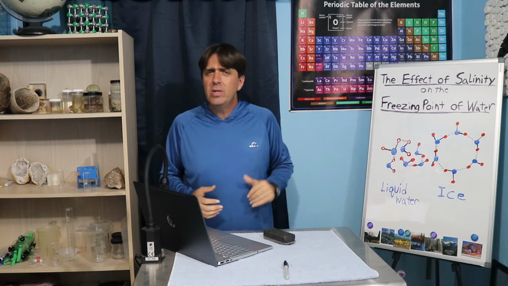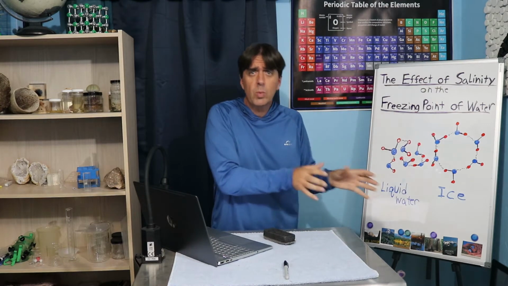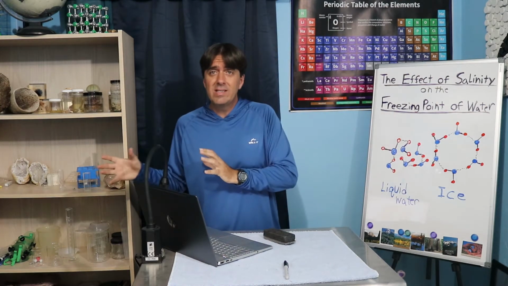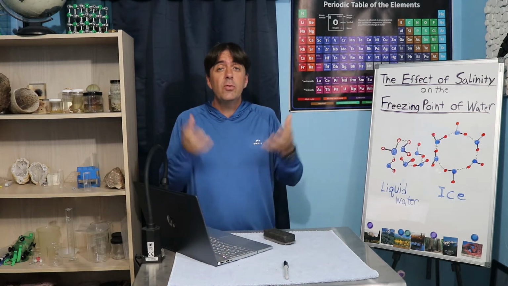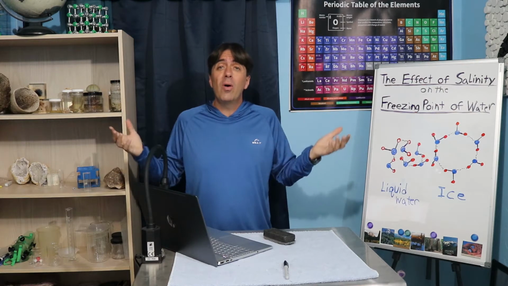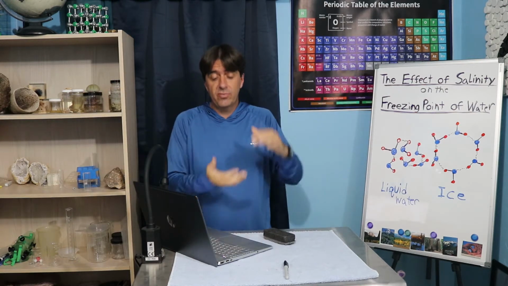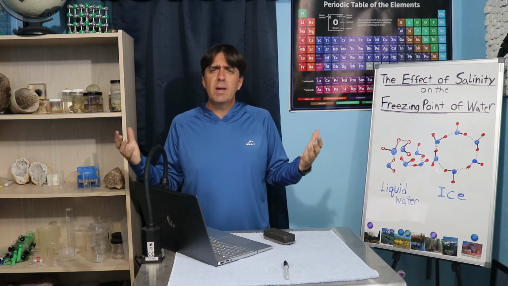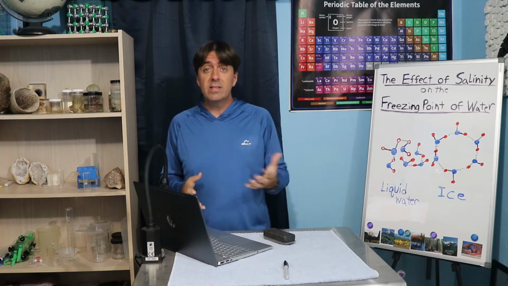Now, this is very unique because most substances, when you transform from a liquid to a solid, increase in density, but in this case it decreases with water, and thus ice floats at the top of your glass of ice water, or on the ocean, or forms on the top of a lake rather than freezing from the bottom up. This is really important, and of course the freezing point is generally around 0 degrees Celsius.